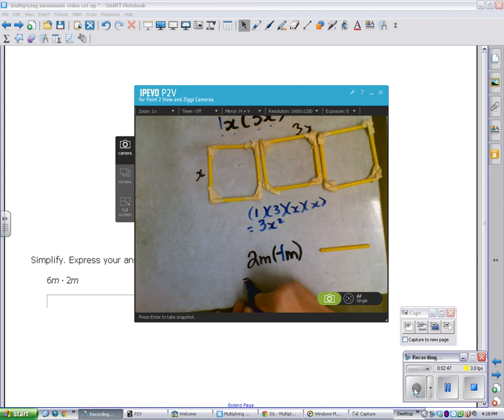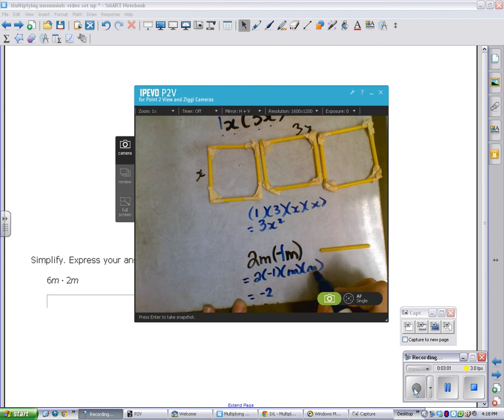And following my rule then of multiplying the coefficients first, so 2 times negative 1, and m times m to multiply the variables, gives me 2 times negative 1, that's negative 2, and m times m is m squared. So the result of simplifying or multiplying 2m and negative 1m, or just plain negative m, is negative 2m squared.